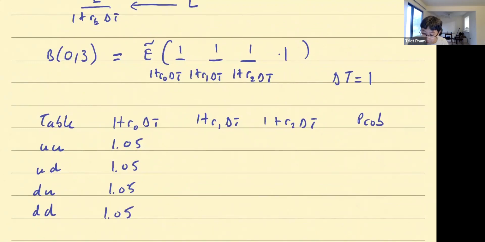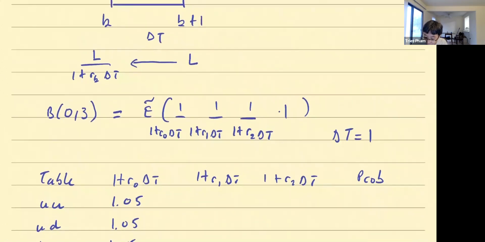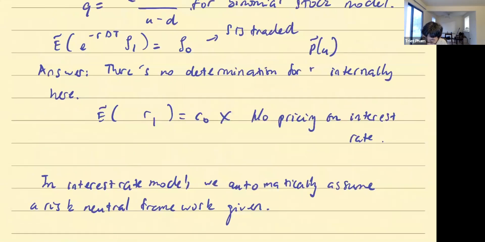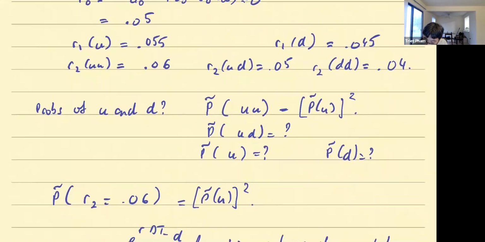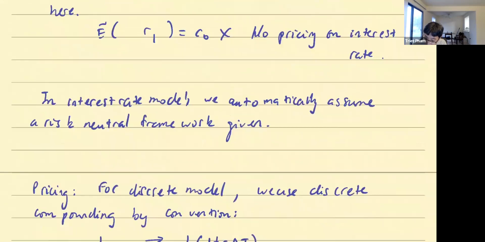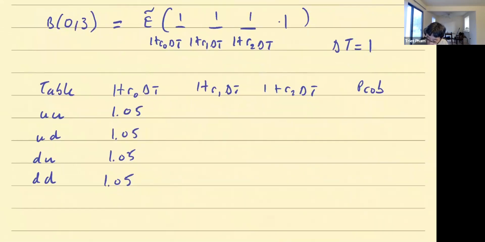My R1 depends on U or D, the first U or D. R1U is 0.055, R1D is 0.045. So 1.055, 1.045.